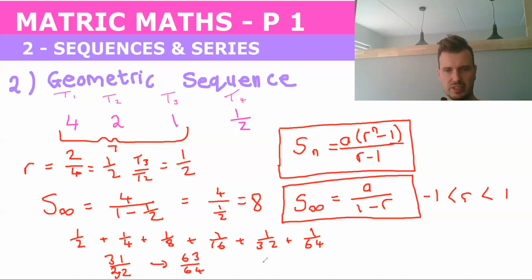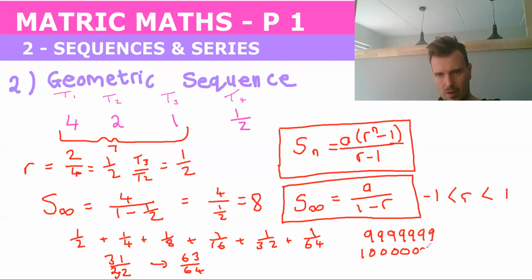And what we see is that this number becomes bigger and bigger, so it could be say 0.9999999, over 9,900,000 and so on. And we see that this number is getting closer and closer to 1.